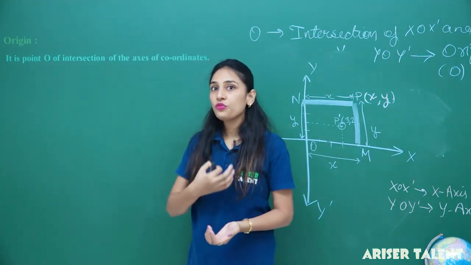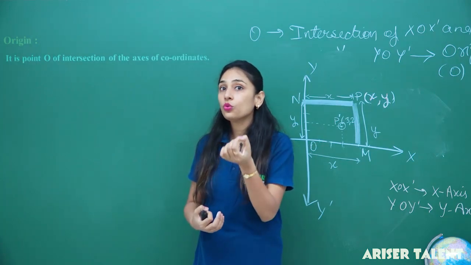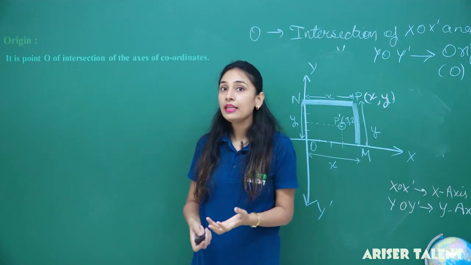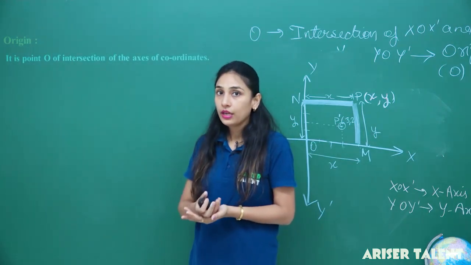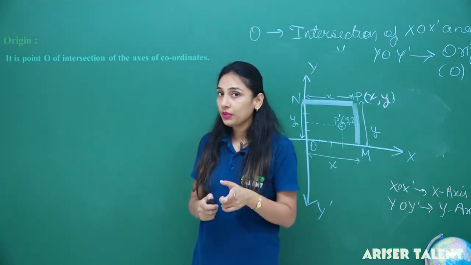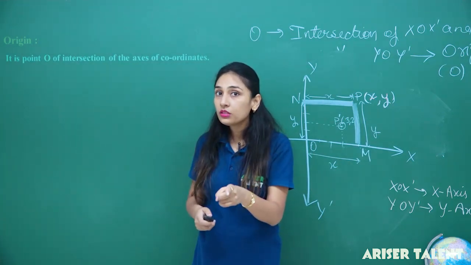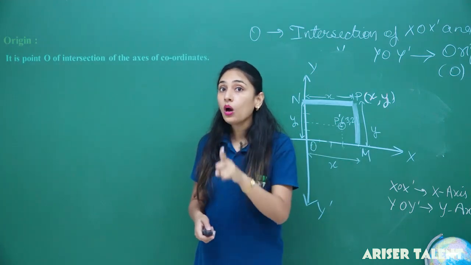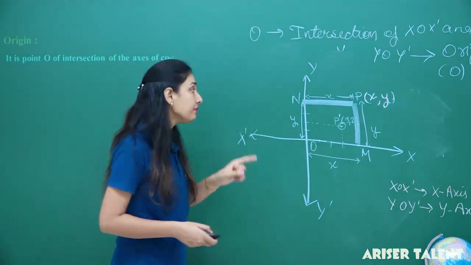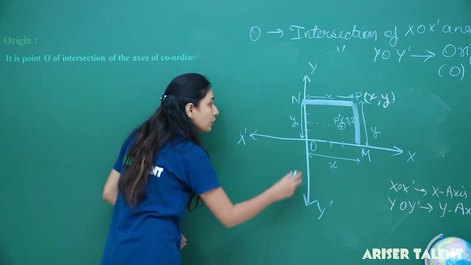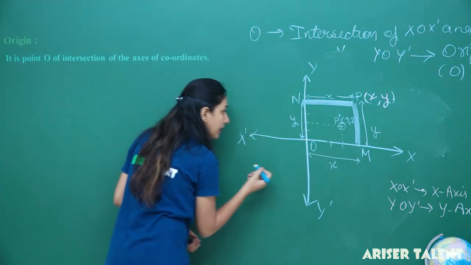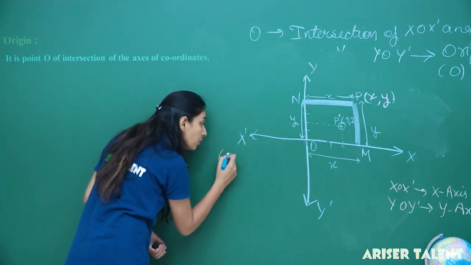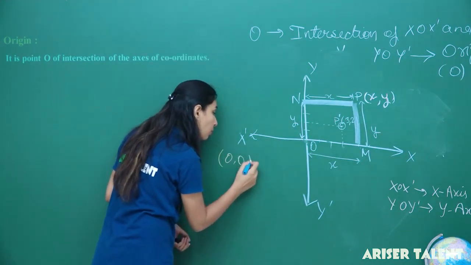It's very important to know each and every term, because these terms will be used in our numericals, and this is very basic. So what is the origin? Origin was the point O. Now the point O has values of x and y. At this particular point O, the value of x is 0 and y is also 0.